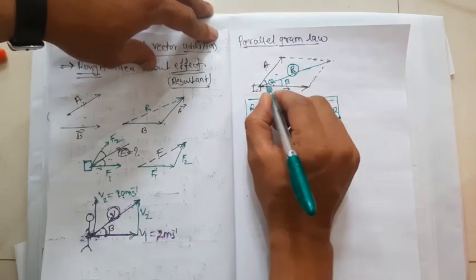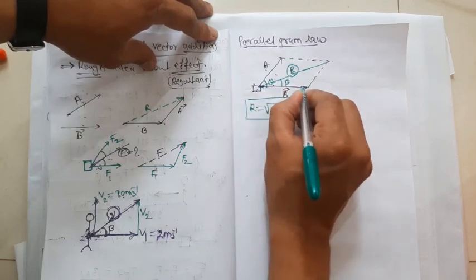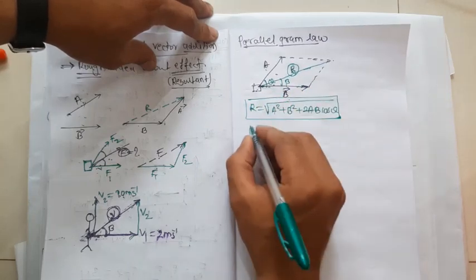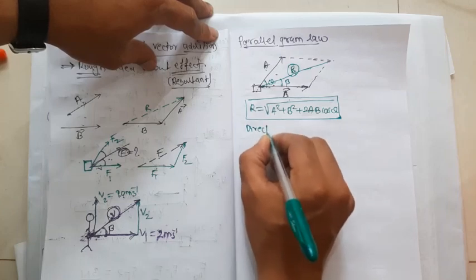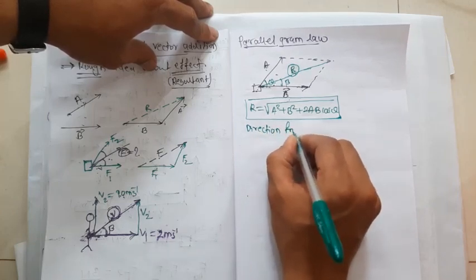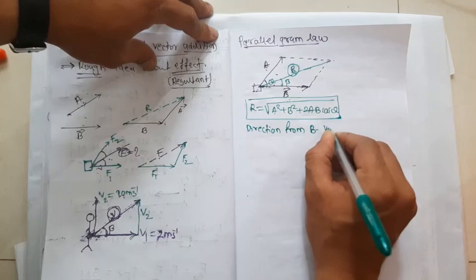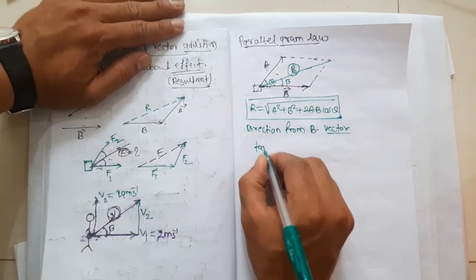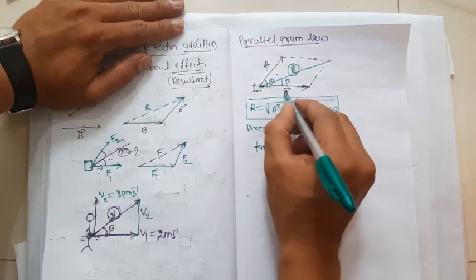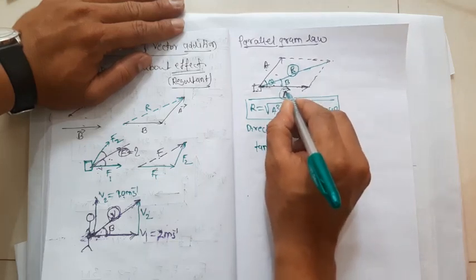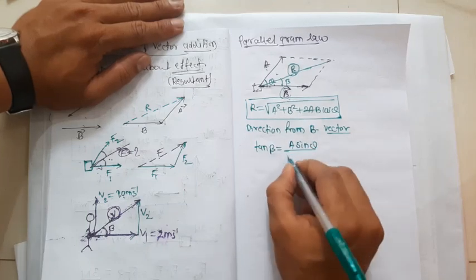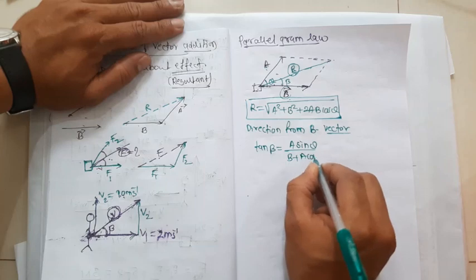Now direction means by what angle it bends from the B vector. So I will mention here, direction of resultant from B vector, that is given by tan beta equals, if you are talking about the B vector, then you have to take A vector first, A sin theta divided by B plus A cos theta.